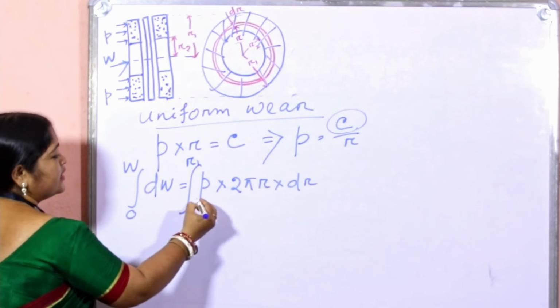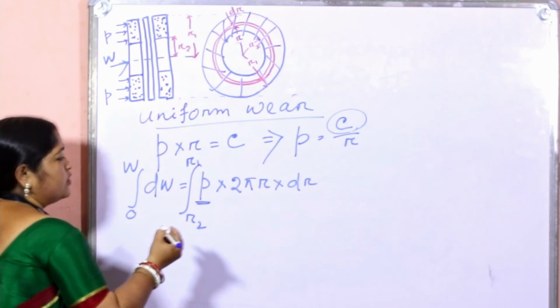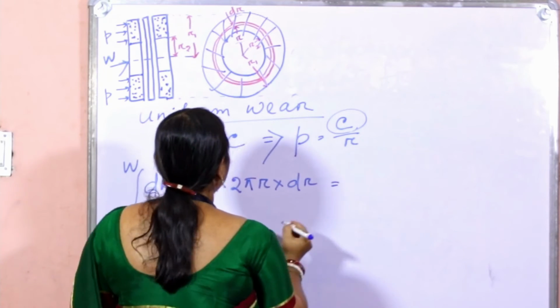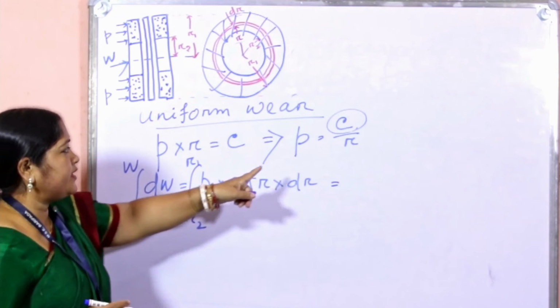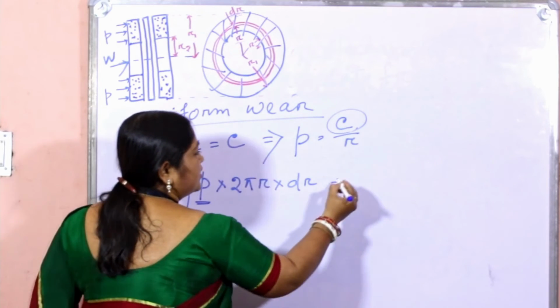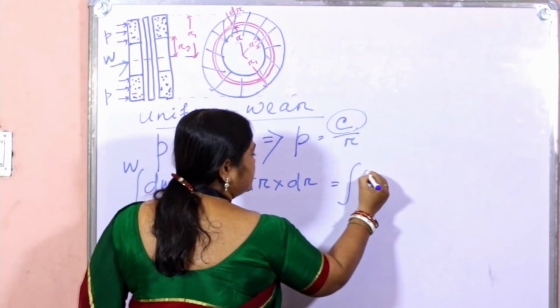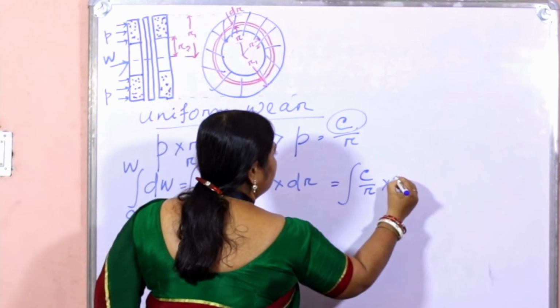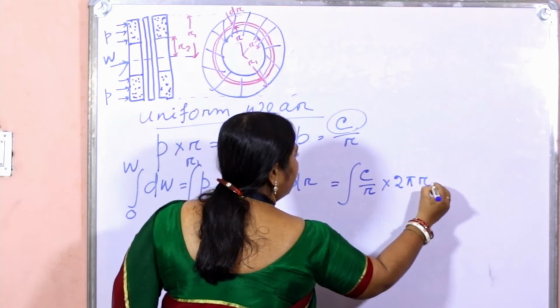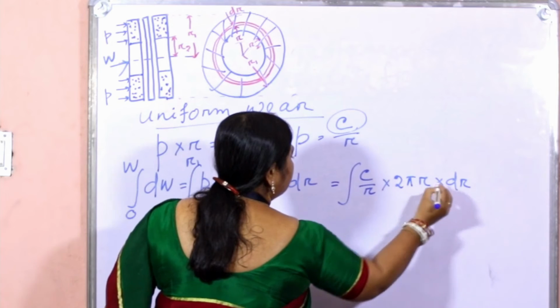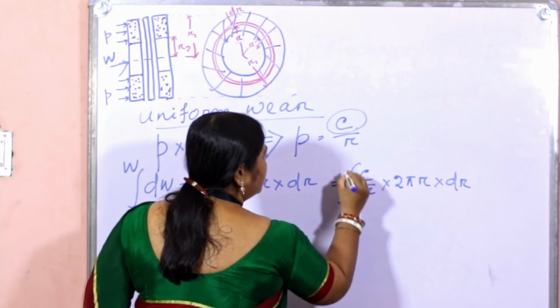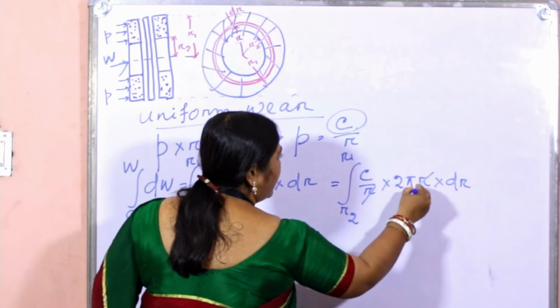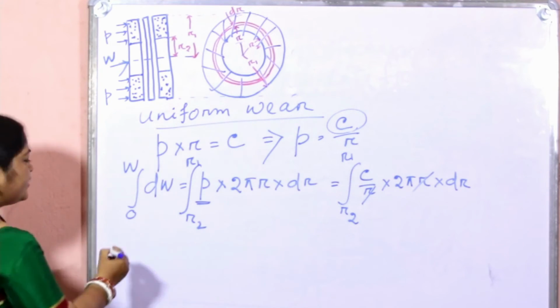Here pressure is not constant, so in place of pressure I am writing C by R. So that is equal to integration of C divided by R into 2 pi R into dr, from R2 to R1.